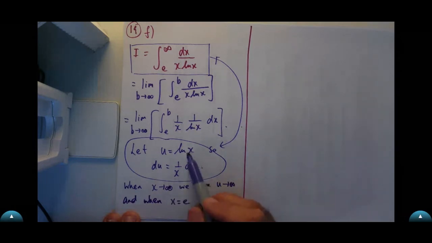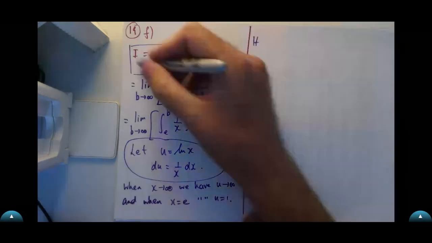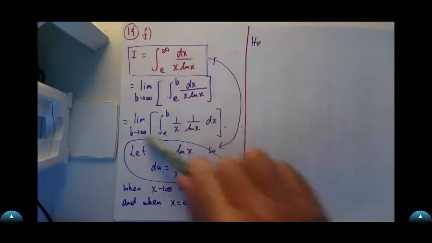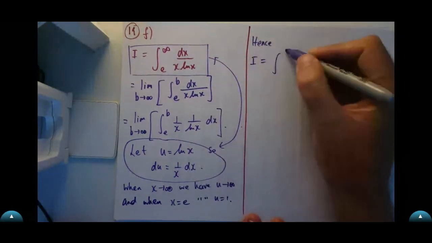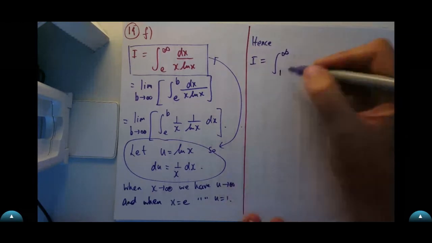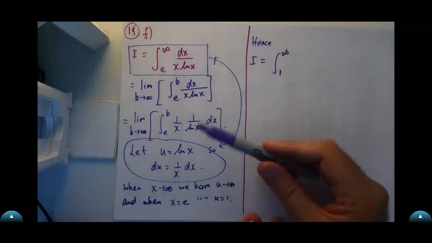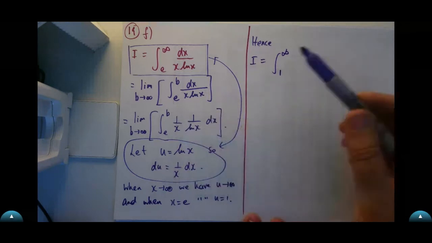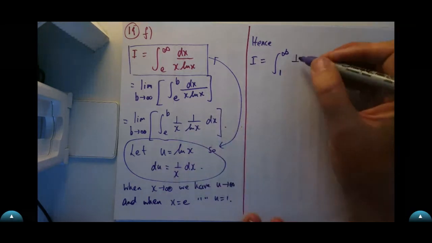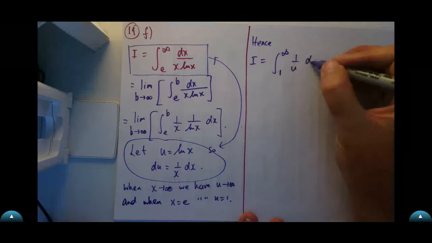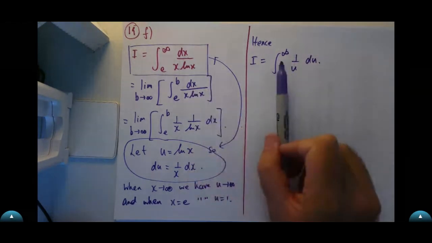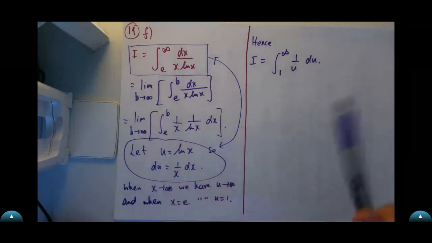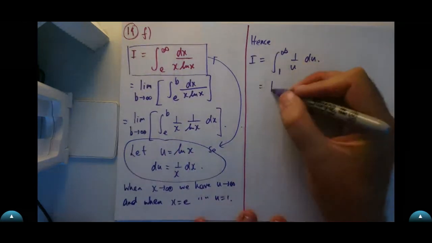When x equals e, u equals 1. So let's rewrite this original integral. This is interesting, but let's just rewrite the initial integral as this. That takes care of those two bits, and I'll get 1 on u du. Okay, so it's taken me a little while, but let's write this in this form now, and we'll do it the normal way.